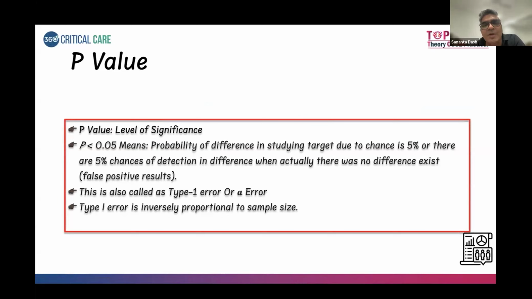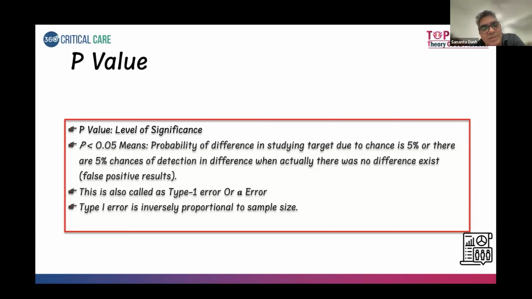That means the probability of difference in the study target due to chance is only 5%, or there are 5% chances of detecting a difference when actually there was no difference at all. So false positive results. This has been repeatedly talked about, so I'm not going into detail about this. This also is an indirect representation of the alpha error or the type 1 error that we already know about. But the important thing is the alpha error is inversely proportional to the sample size.